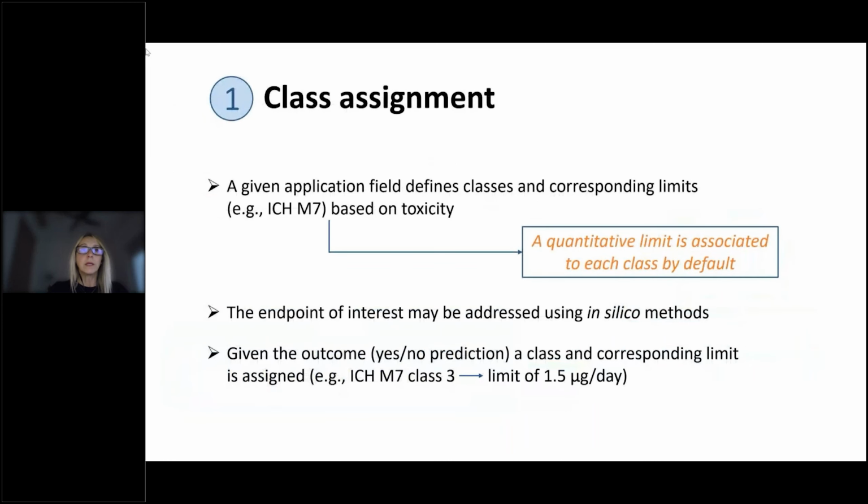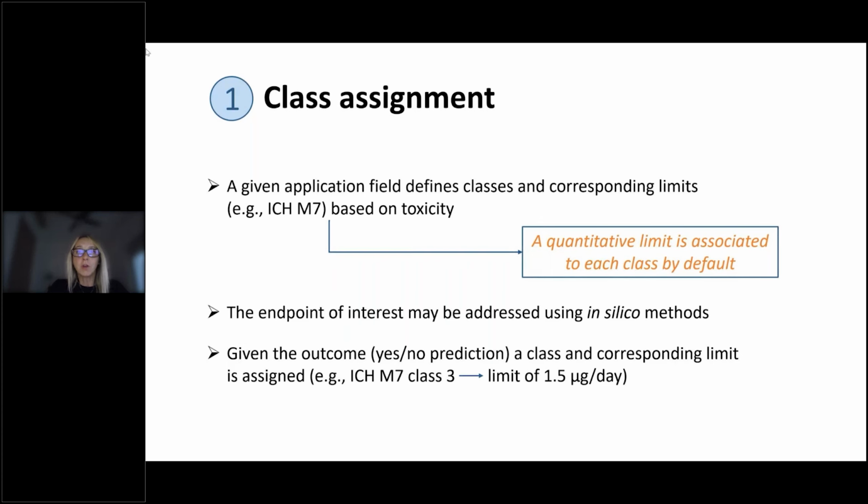The first one is the so-called class assignment approach. This approach applies in those contexts where classes and corresponding limits are already established by toxicologists, meaning that a quantitative limit is already associated to a given class by default.